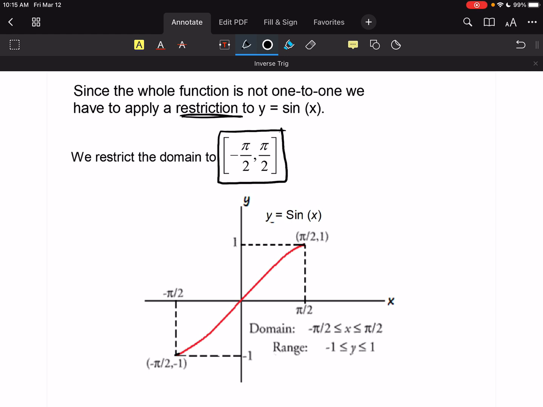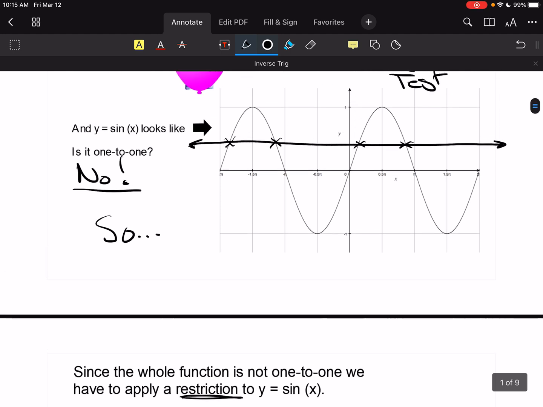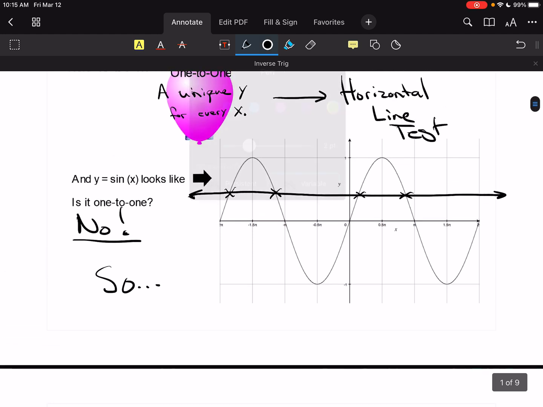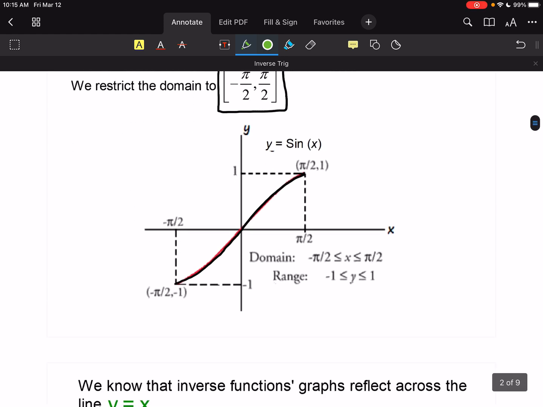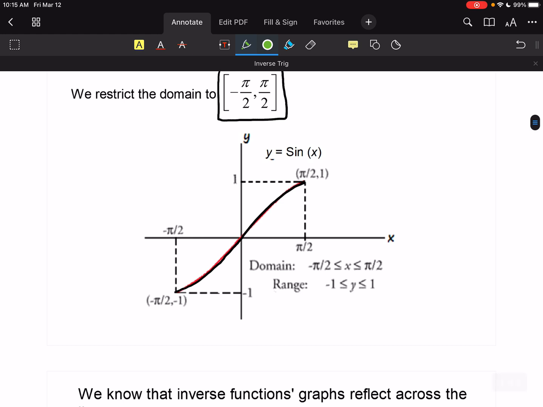And there's a blown up image of what that looks like on the graph of y equals sine of x, just to show it here. Right, here is -pi/2. Here is pi/2. So we're restricting my sine graph to just this section of it, okay? And the range is still the same, right? -1 to 1.